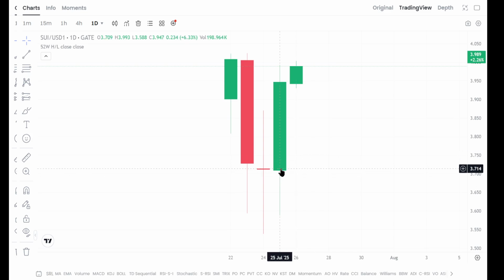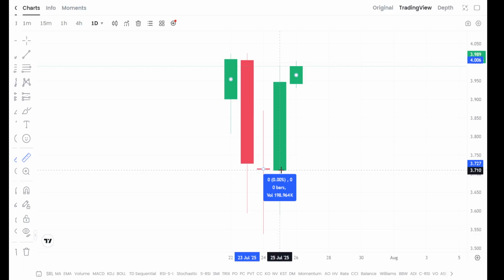And next, on 25 July, the market price has increased. So market price of SUI was open at 3.727 USDT.